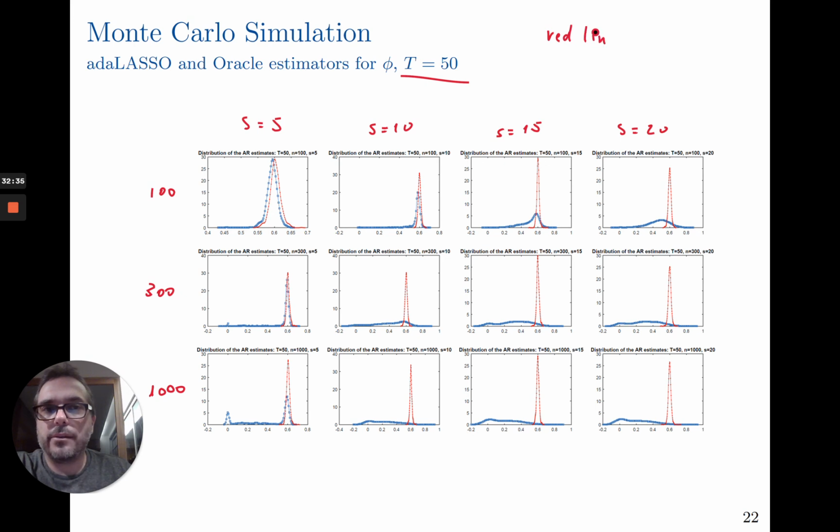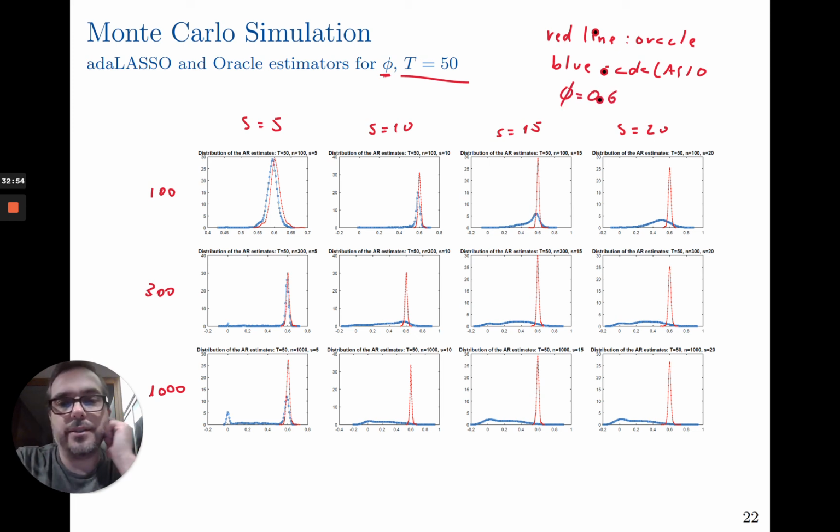Red line is the oracle. Blue is the lasso, to estimate phi. And the true phi is equal to 0.6. What we can see here is that the results are only really good when you have only 100 variables and just 5 relevant.